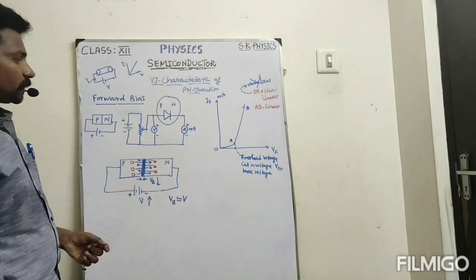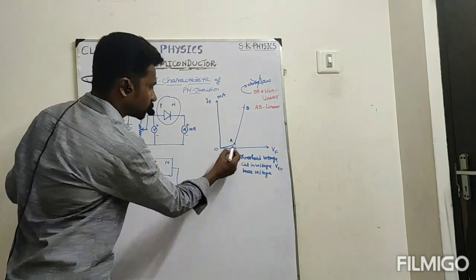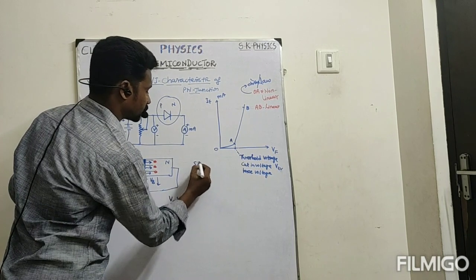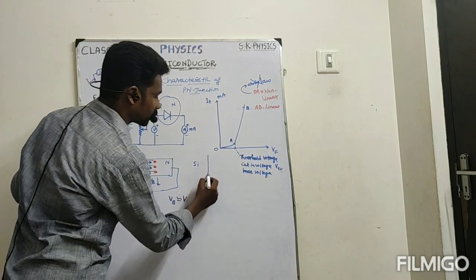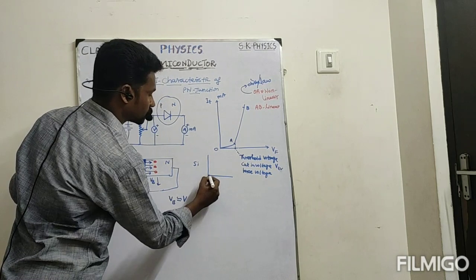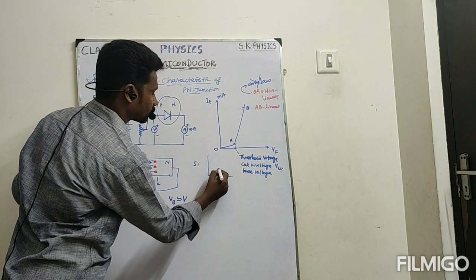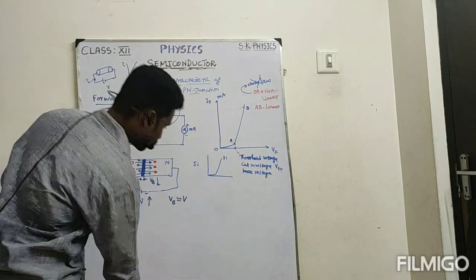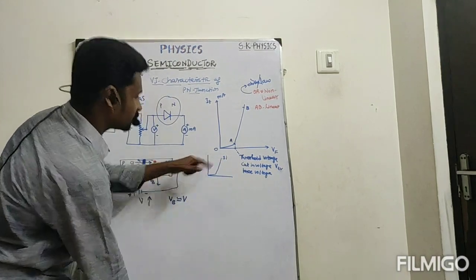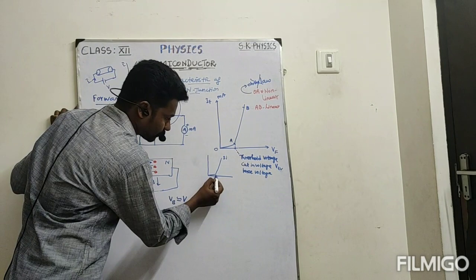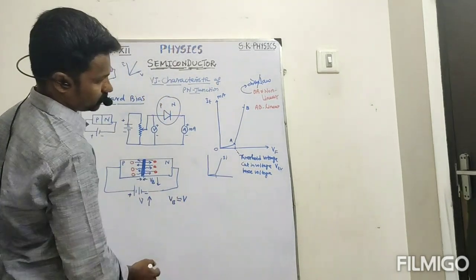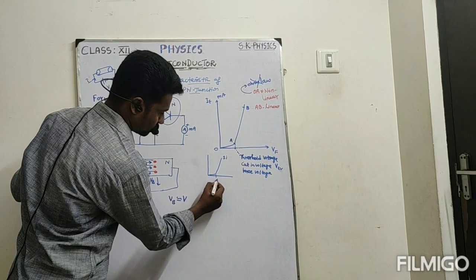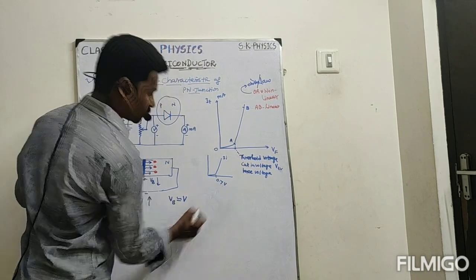Okay students, if you observe, this is the threshold voltage especially for silicon. I will explain two graphs now. For silicon the threshold voltage level is 0.7 volt.